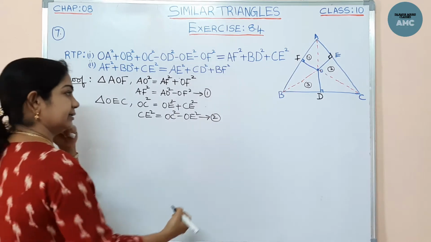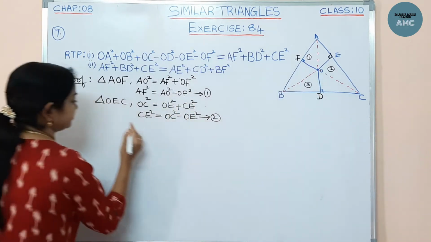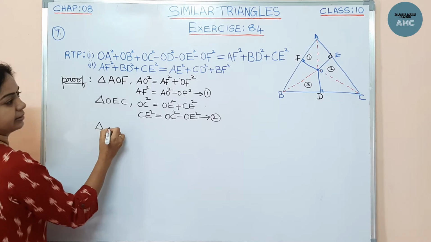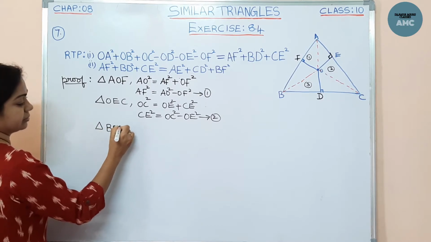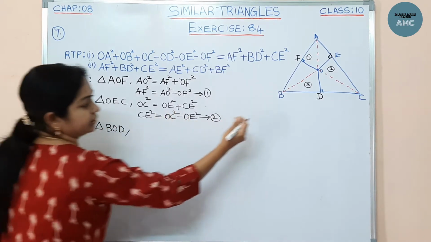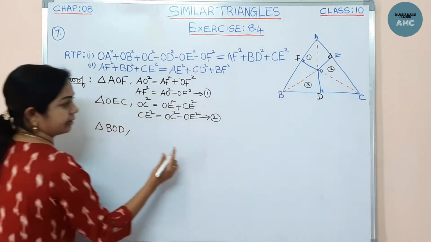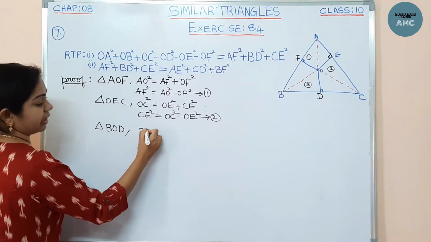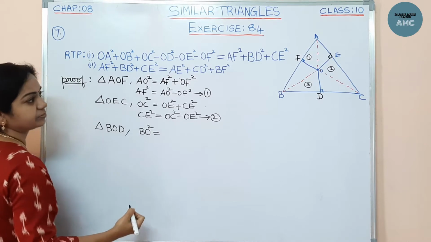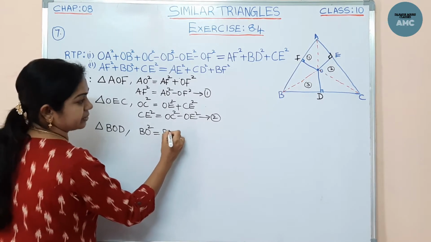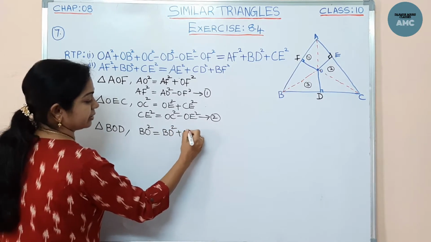Now let's take this triangle, triangle BOD. Here, opposite to the right angle, the hypotenuse is BO, so BO square is equal to BD square plus OD square.